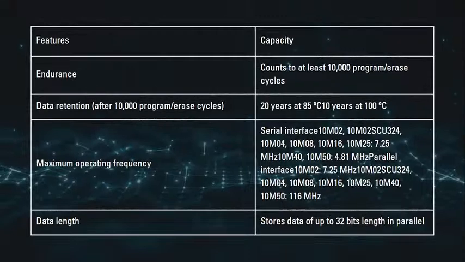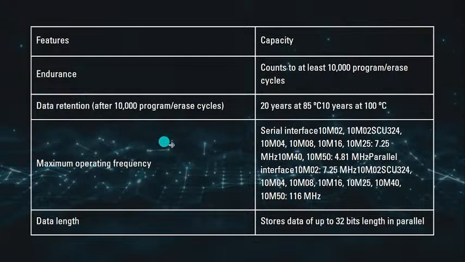Let's see the features of the UFM, the user flash memory. The UFM supports at least 10,000 program and erase cycles, and the data retention of the UFM is up to 20 years also, as I already said. The maximum operating frequency varies for different devices.